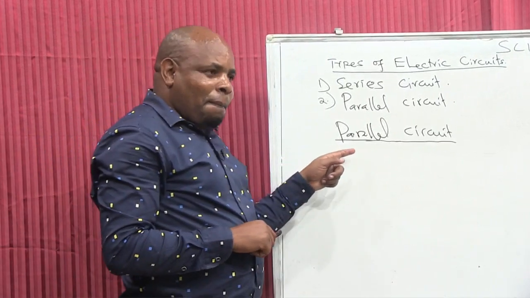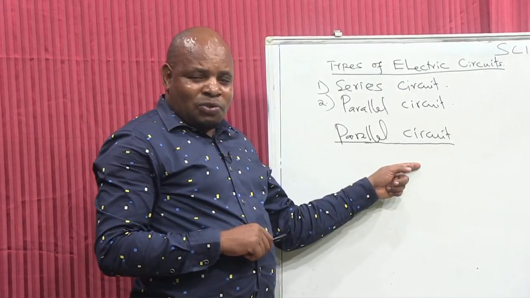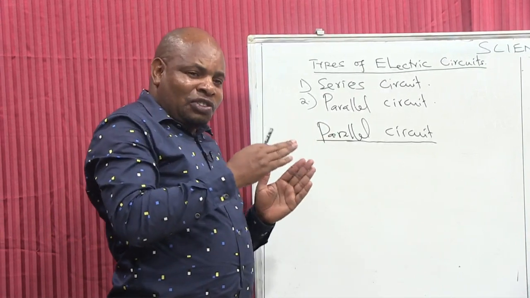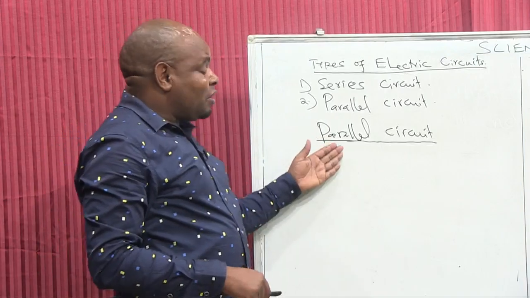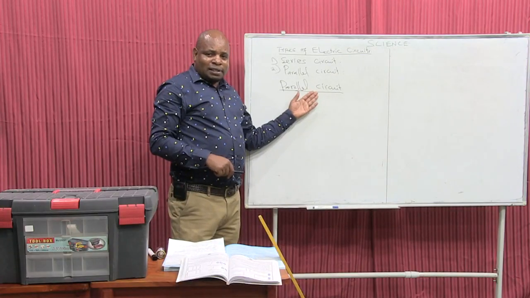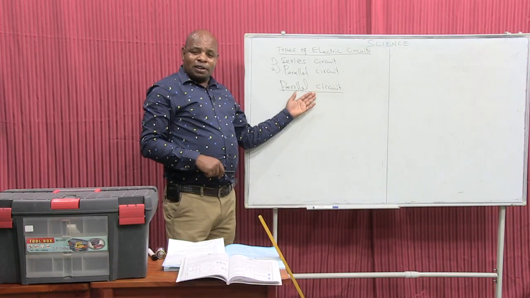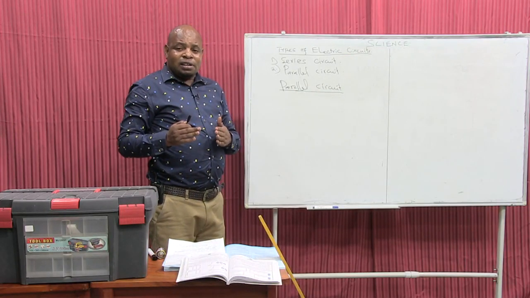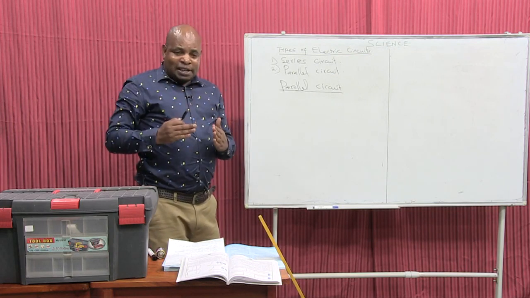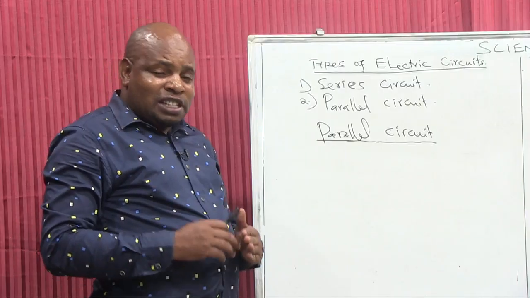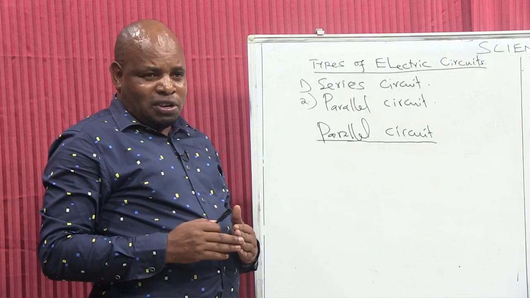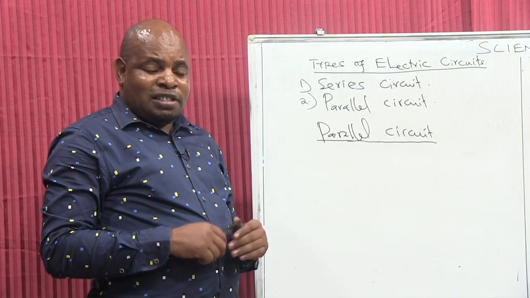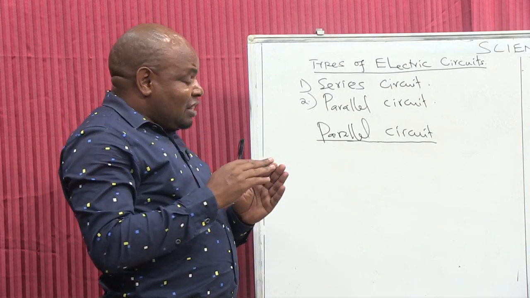What about the power drainage? We saw in a series circuit that the dry cells drain very fast. How about the parallel circuit? We saw in a series circuit that if one of the components has a problem, for example the filament of the bulb is not working, the circuit is not complete.